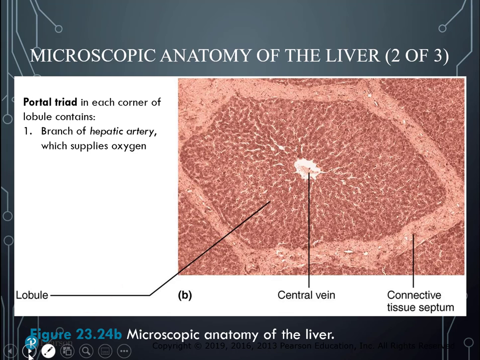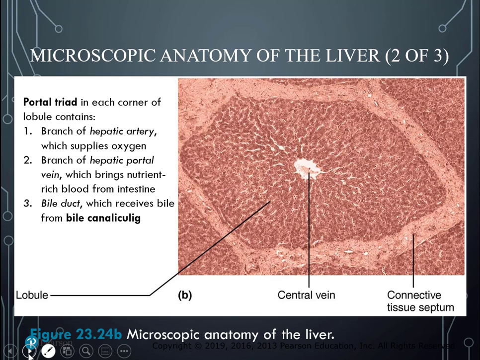You will see a branch of the hepatic artery, which supplies oxygen, a branch of the hepatic portal vein, which brings nutrient-rich blood from the intestine, and then a branch which carries bile from the bile canaliculi, and you call that the bile duct.